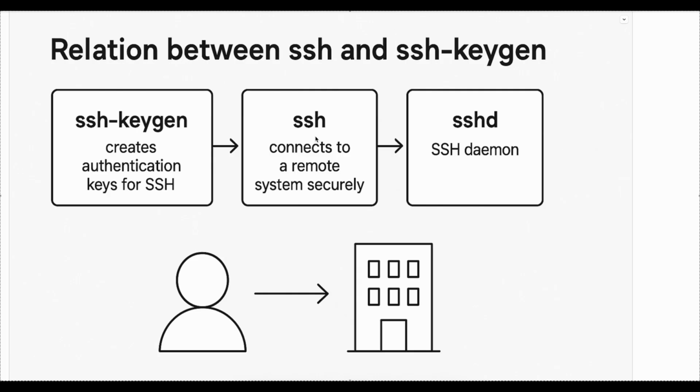On the other side, the remote server, there is a background process running called sshd, also known as SSH daemon. The SSH daemon listens for incoming connections on port 22, checks your credentials, verifies your key, and if everything matches, it grants access.